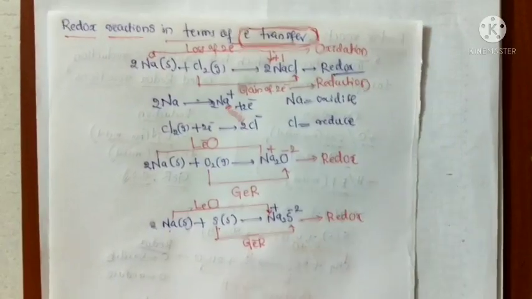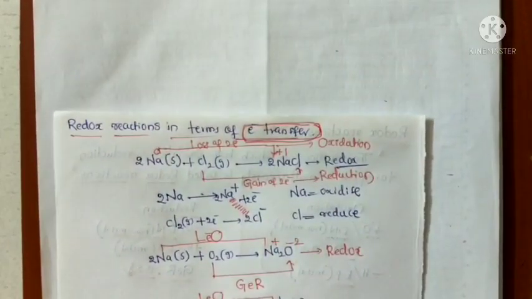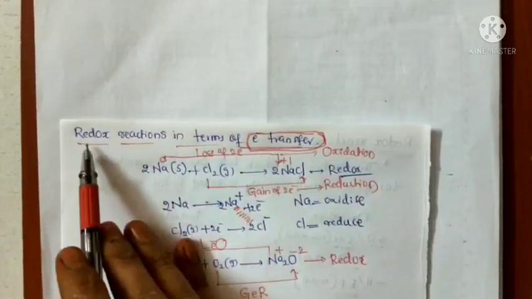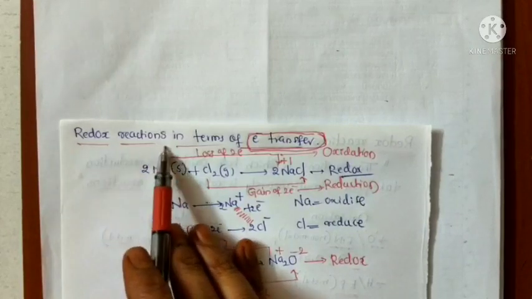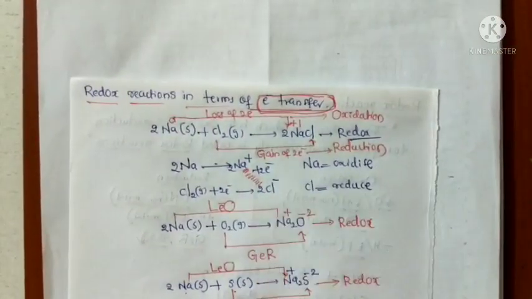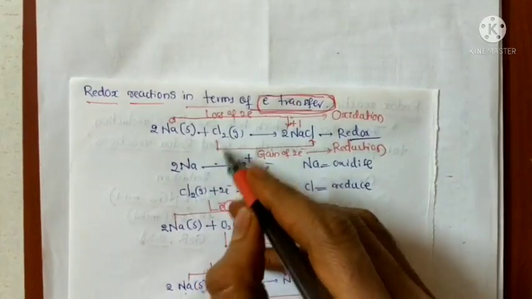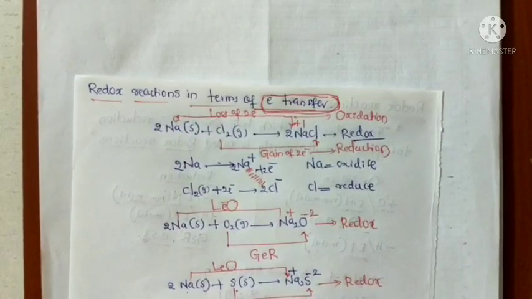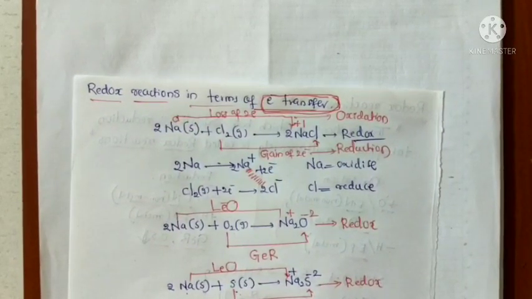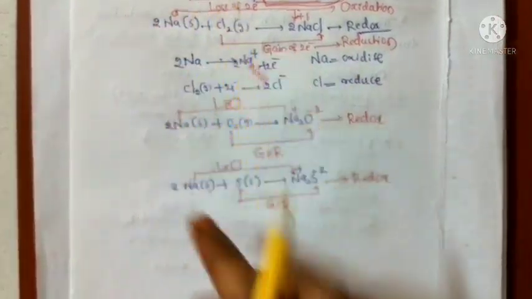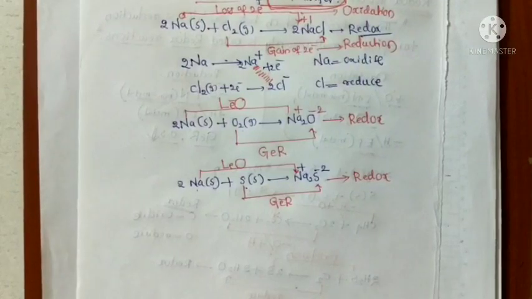We can identify reduction and oxidation by using electron transfer. That's why the heading is redox reactions in terms of electron transfer. From this we can conclude that all non-metals, that is chlorine, oxygen and sulfur, are always gaining electrons, and the sodium metal is always losing electrons.